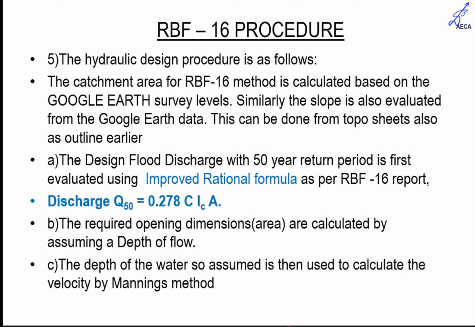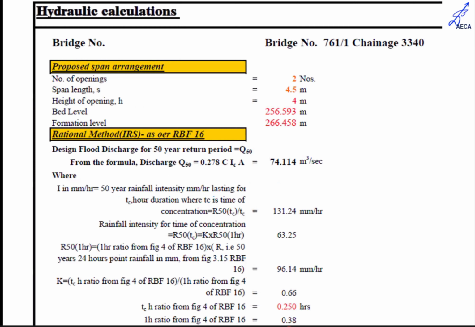So there are many different empirical formulas. Then the unit hydrograph methods, RBF 16, the modified rational formula and the improved rational formula. Basically, for all these formulas, the principle is that discharge is proportional to CIA, that is your coefficient, intensity, and area of the catchment.